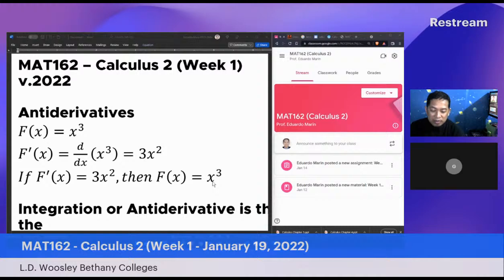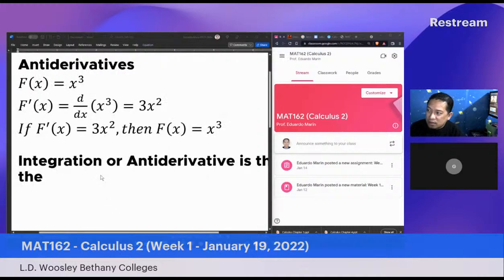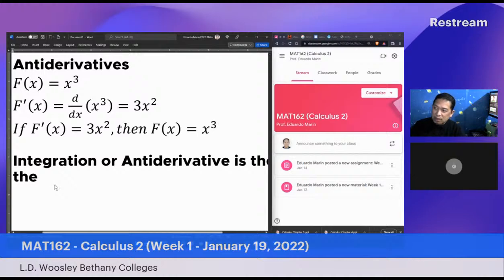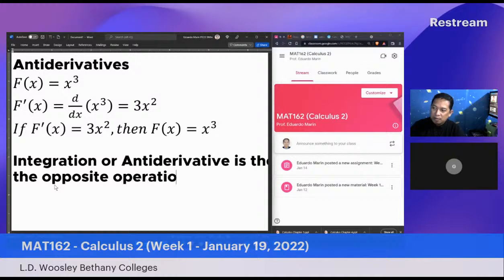How will you do that? Because this is the integration process or the reverse of differentiation. So integration or antiderivative is the opposite operation of derivative.